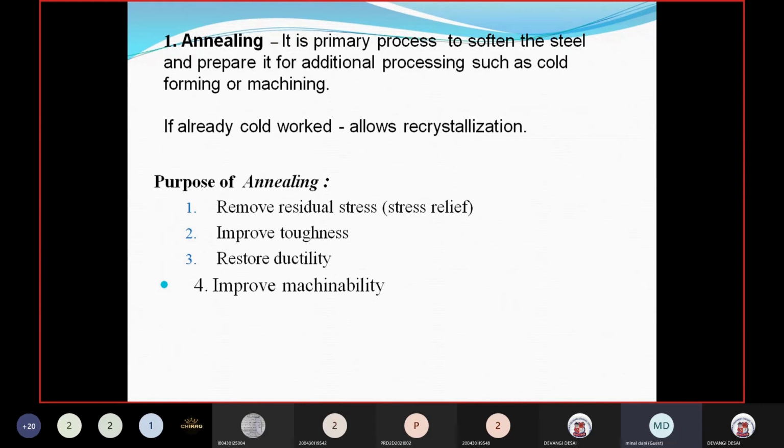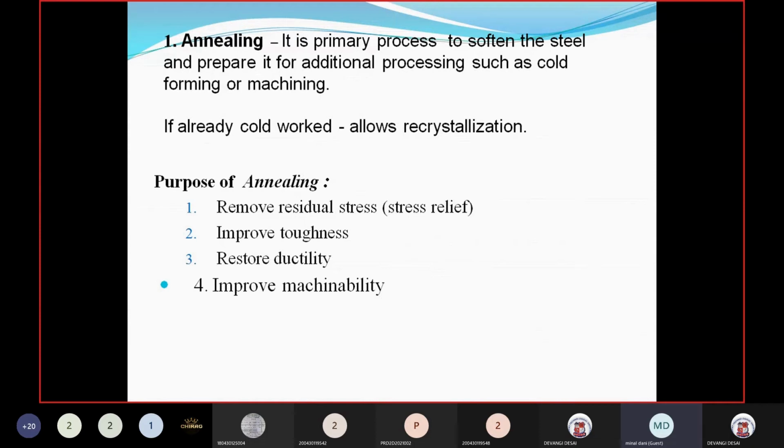It can improve the toughness, it can restore ductility. Soft हुआ है means ductility restore हुई है. It can improve the machinability. So normally सीधा सीधा कोई भी प्रोडक्ट होगा, आपका रोलिंग प्रोडक्ट होगा, कोई बार मैन्युफैक्चरिंग होगा, कोई फोर्जिंग प्रोडक्ट होगा, सीधा they are not doing the machining.